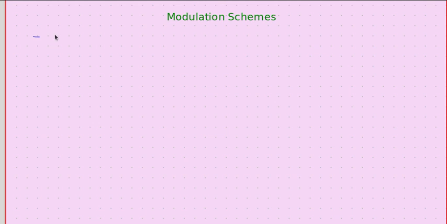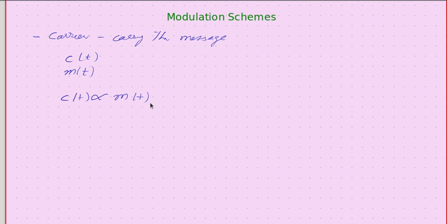So modulation is a process where the carrier is made to carry the message. If you say carrier is c of t and message is m of t, somehow make sure that the carrier is made proportional to m of t.